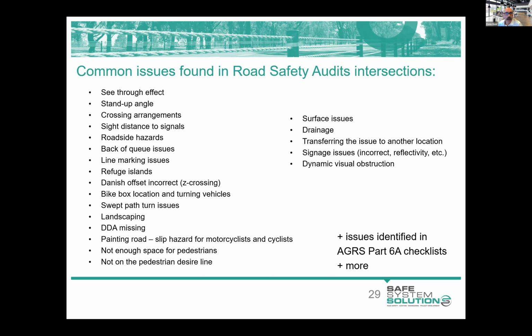I'll ask one on there. Back of queue issues. You want to tell us what's meant by that? Back of queue issues come about when motorists don't anticipate encountering a queue. So it might be at an intersection, and you might have a queue at some signals, and that queue might be overflowing a right turn lane or something like that. So back of queue issues lead to rear end crashes usually.